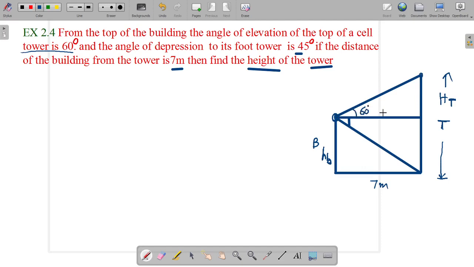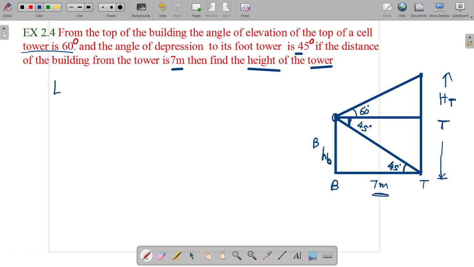From the same place, he is seeing the cell tower foot, making an angle of depression of 45 degrees. From the angle shifting property of triangles, the 45 degrees shifts to this 45 degrees. The distance between the building and the tower is 7 meters. Find the height of the tower.